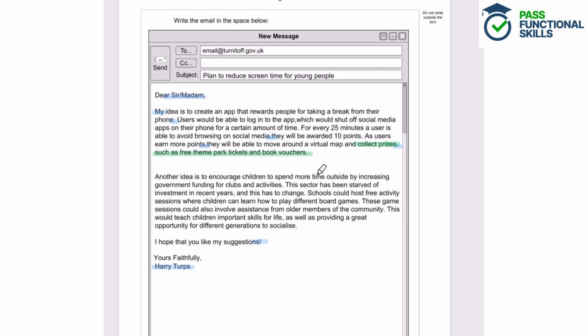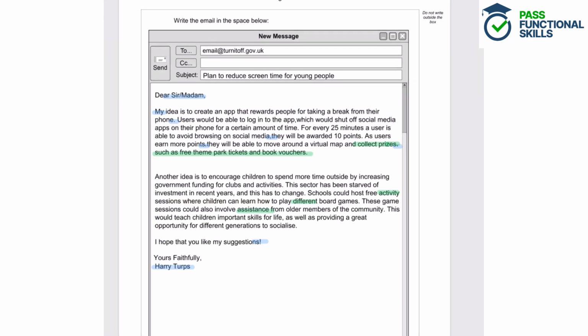So for example, we have activity, and we've got different, and we have assistance. If you're struggling with your spelling, then go back to the basics and try to practice your spelling of shorter, simpler words. The more spelling that you can get accurate throughout your answers, the higher marks you will get.